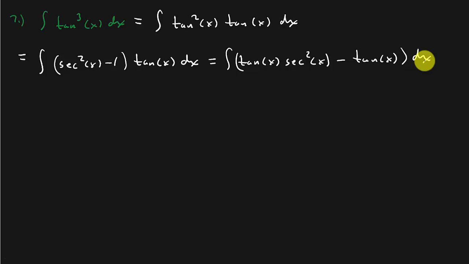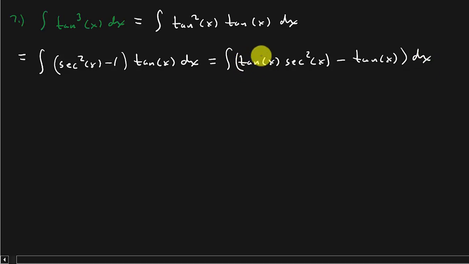Okay, so we can deal with this. What's the derivative of tangent? Secant squared, right? So we can use substitution here. And then this one, what's the antiderivative of tangent?